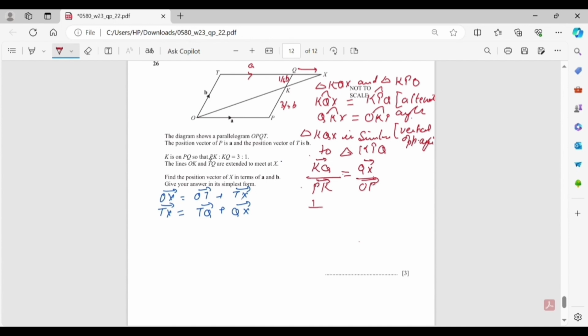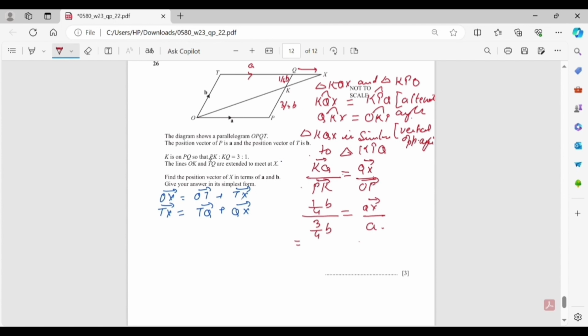This will be 1 by 4 b over 3 by 4 b, equal to vector QX over OP, which is a.